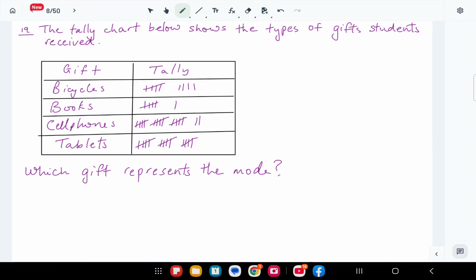Number 19, they said the tally chart below shows the types of gifts students received. Which gift represents the mode? Mode means the most common.